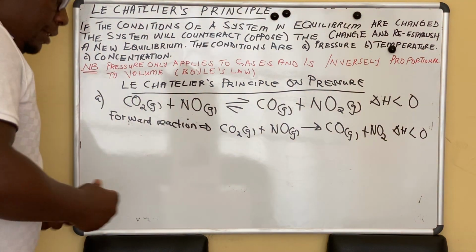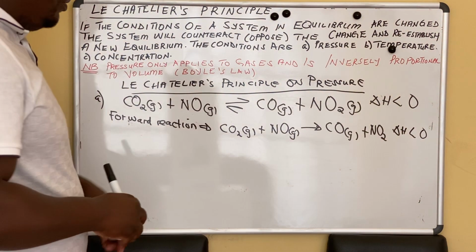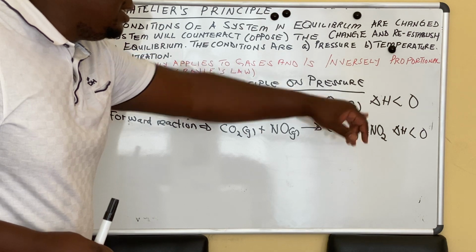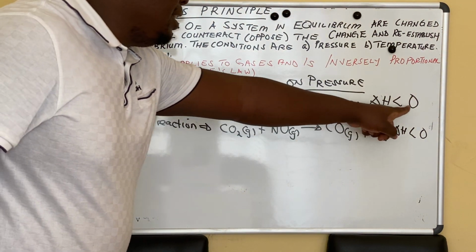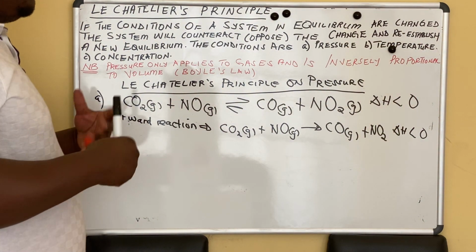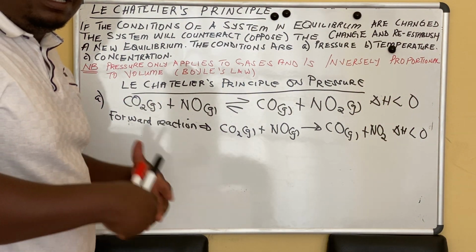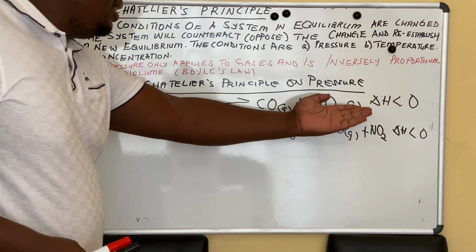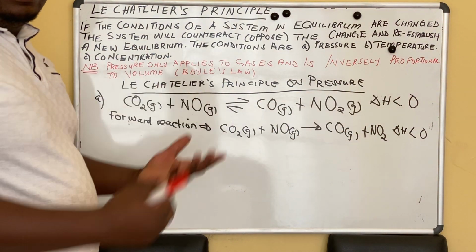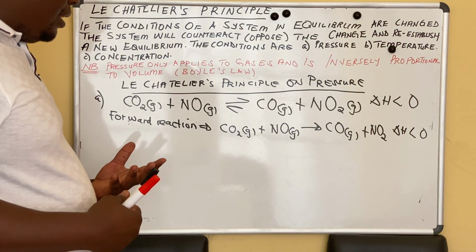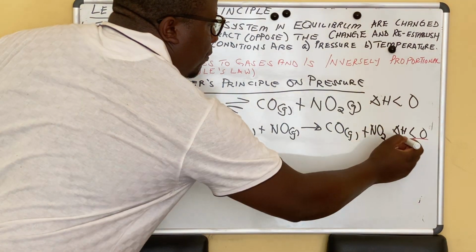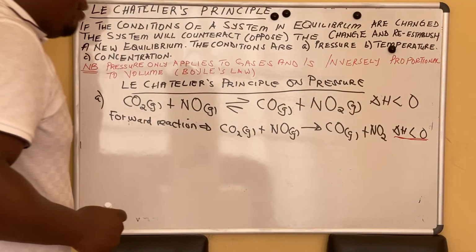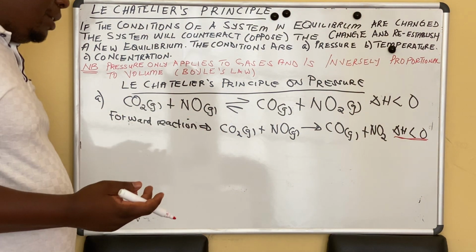So this enthalpy change, the delta H that is given on the equation, whatever they write here in terms of delta H, is representing the forward reaction. So this means the forward reaction is exothermic. Are we together there? So once I get this, I know that this is standing for my forward reaction, and then it means my forward reaction is exothermic.